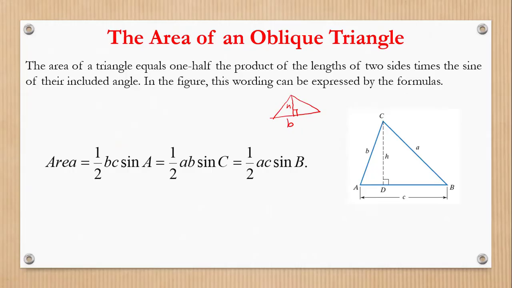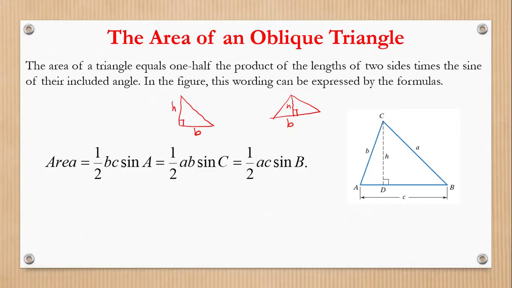If it's a right triangle, the height is exactly one side and the base is the other side, so you can multiply these two and then divide by 2. But if we have an oblique triangle, we don't know the height. And we want to use the information from the sides and angles of the triangle to find the area.